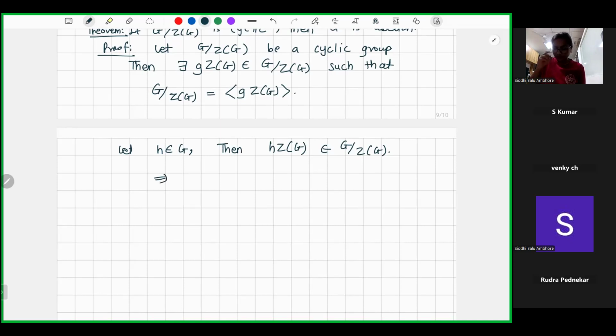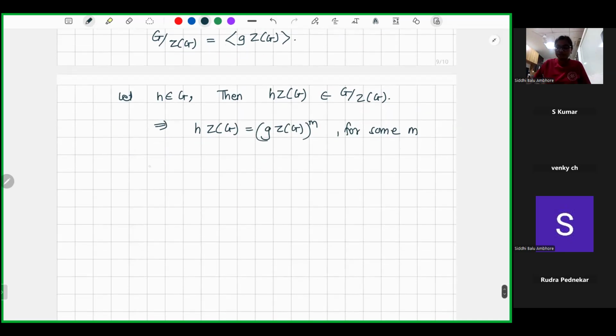So this implies that hZG is g to the power m ZG, for some m or n, it doesn't matter. And this, by multiplication in the quotient, we have this. I hope this is okay with you, right?